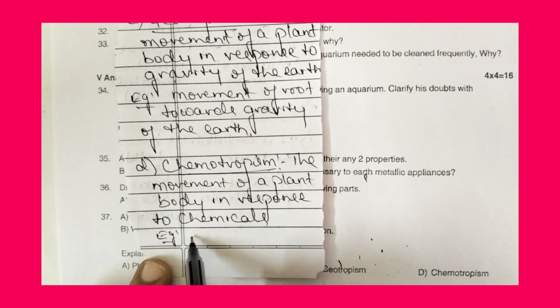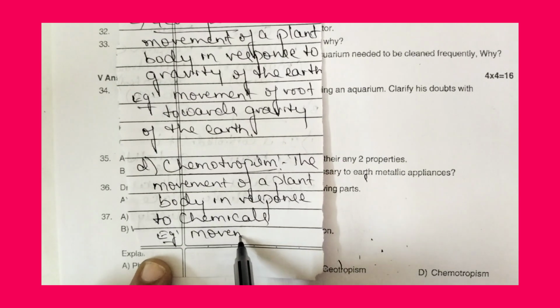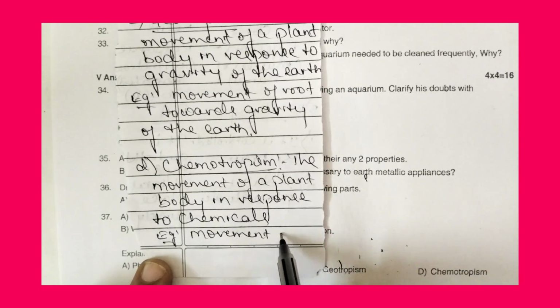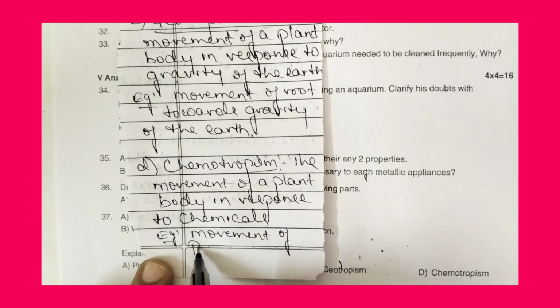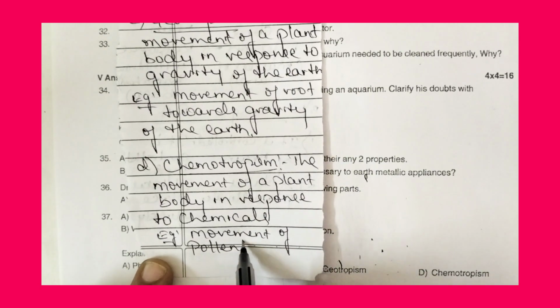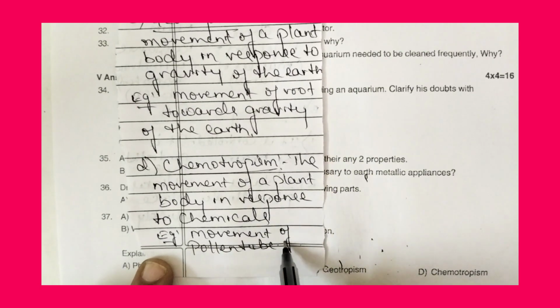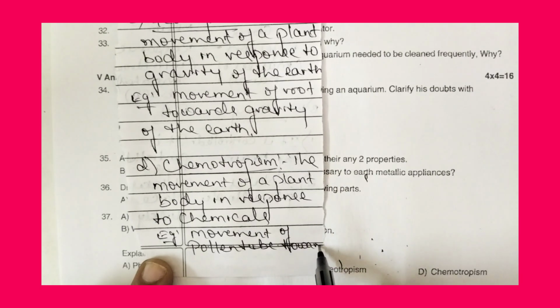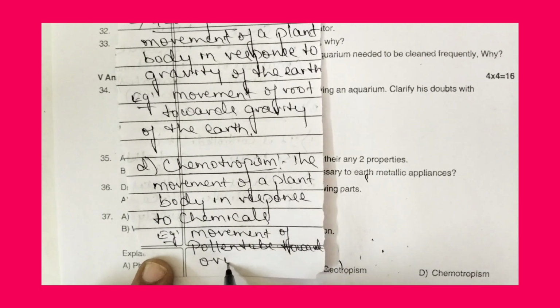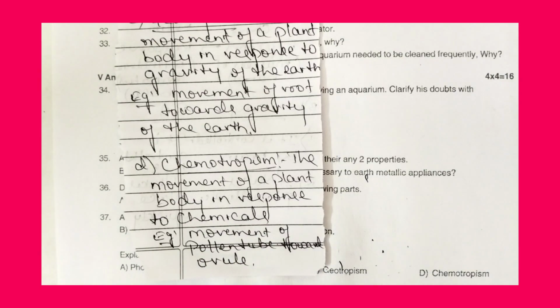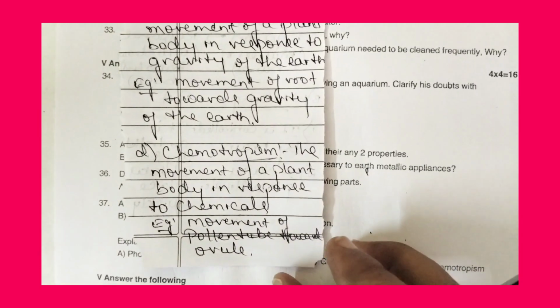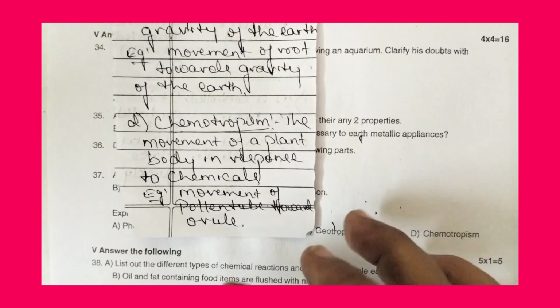Example, movement of pollen tube towards ovule. So these are the four types of tropism.